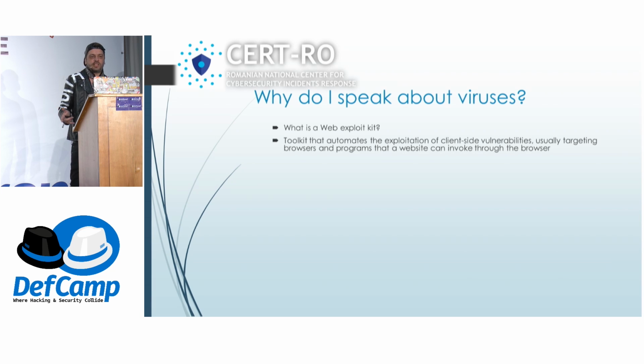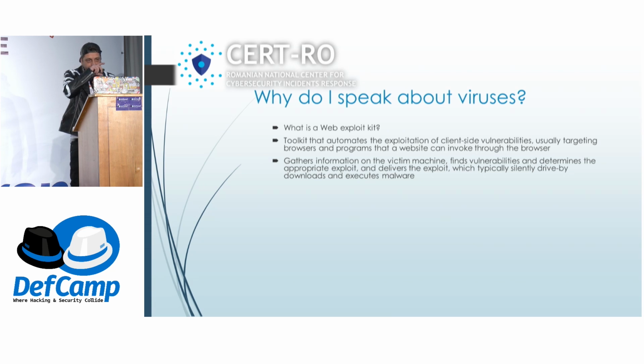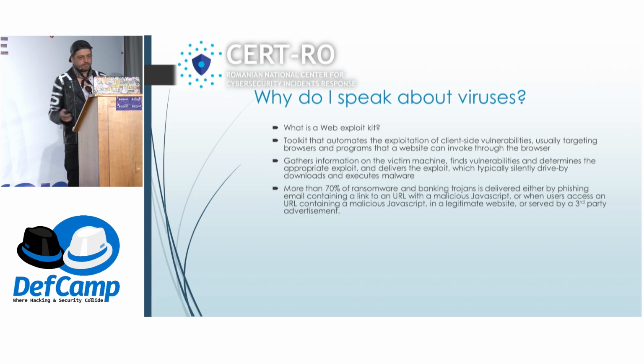What is a web exploit kit? It's a toolkit that automates the exploitation of client-side vulnerabilities, usually targeting browsers and programs that a website can invoke through the browser. Usually, it gathers information on the victim machine, finds the vulnerabilities, determines the appropriate exploit, and delivers the exploit, which typically silently drives by, downloads and installs and executes a malware.